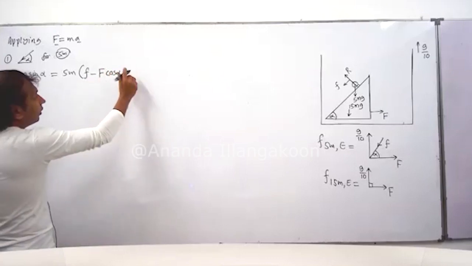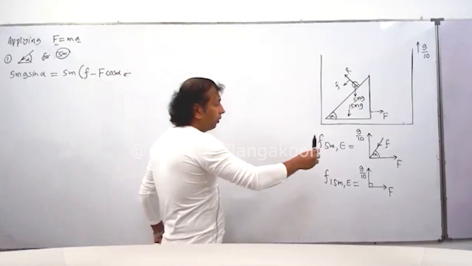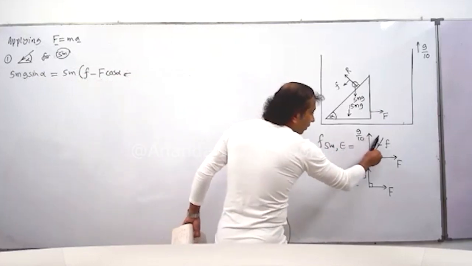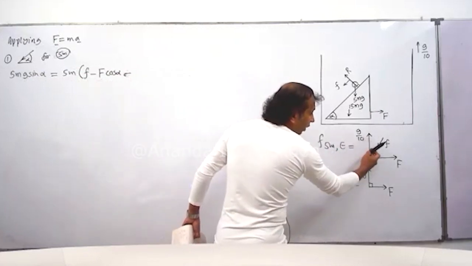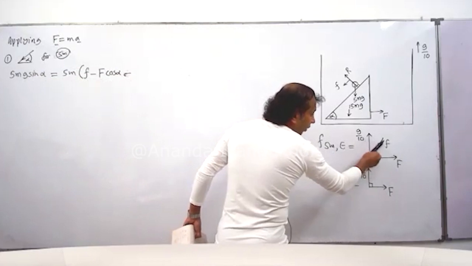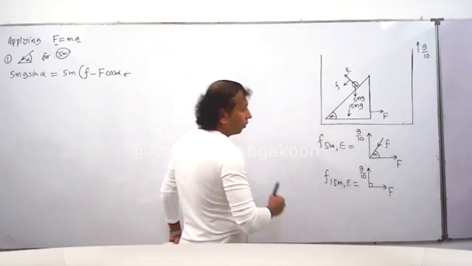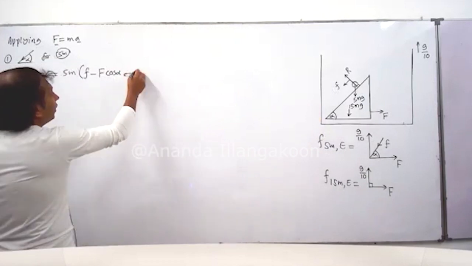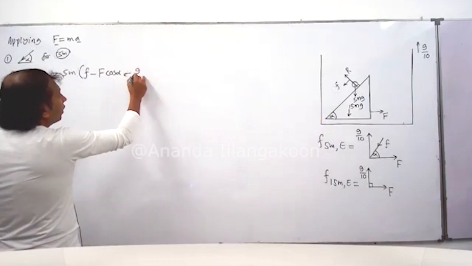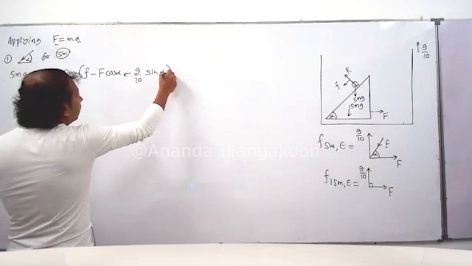And again by this g by 10, the component is 90 minus alpha: g by 10 cos 90 minus alpha, which acts in the opposite direction, so g by 10 sin alpha.